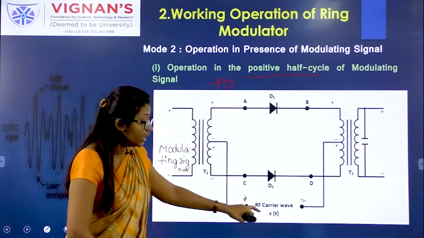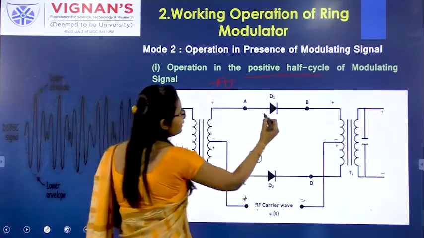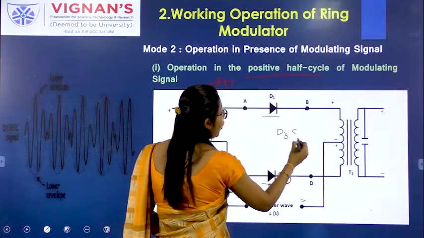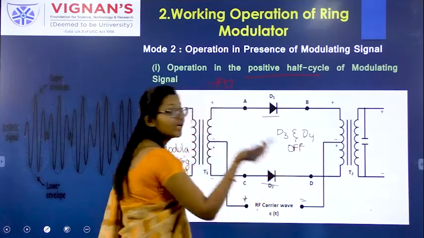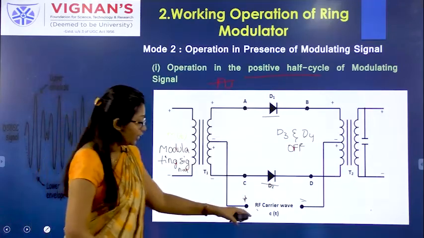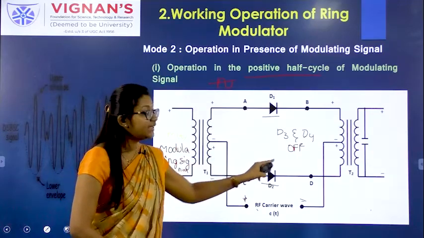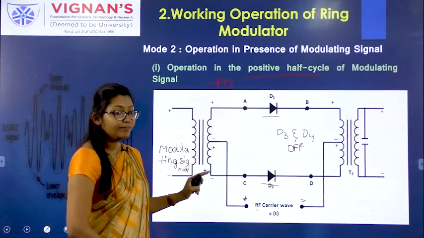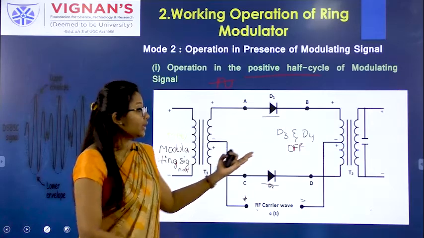When you give a positive and negative, what will happen here? The same D1 and D2 will be on, D3 and D4 will be off. We already saw in the previous slide how D3 and D4 are off. When you give a positive half cycle, D1, D2 will be on, D3, D4 will be off. This is the circuit diagram here, right. Previously the message signal was 0, that's why you got no output.